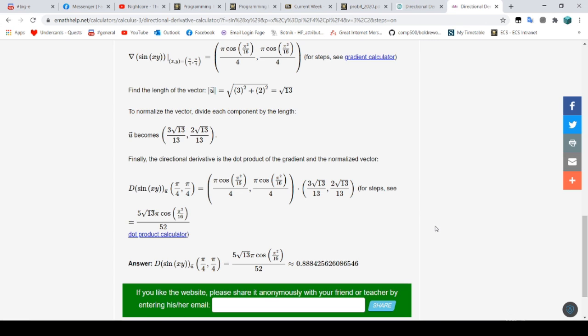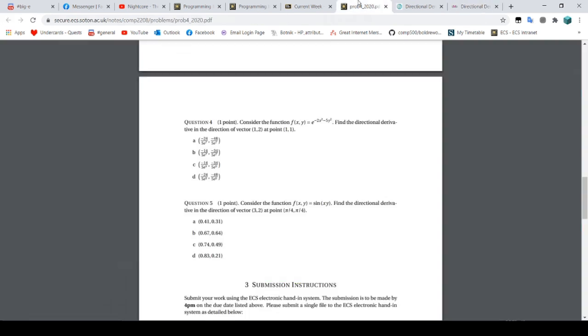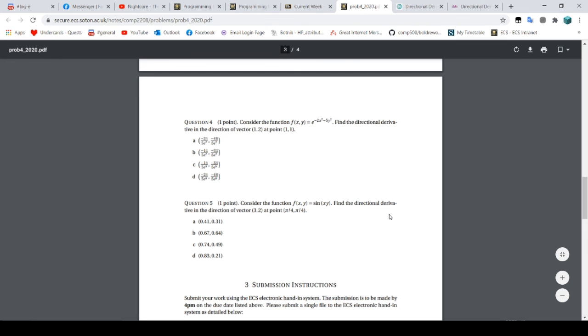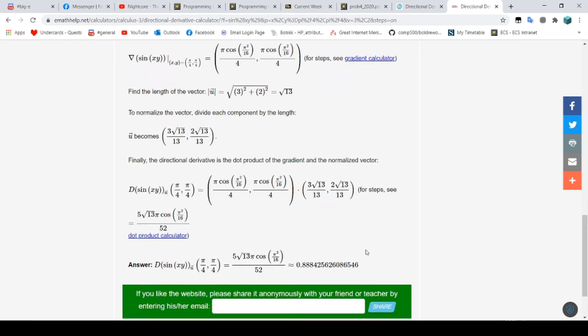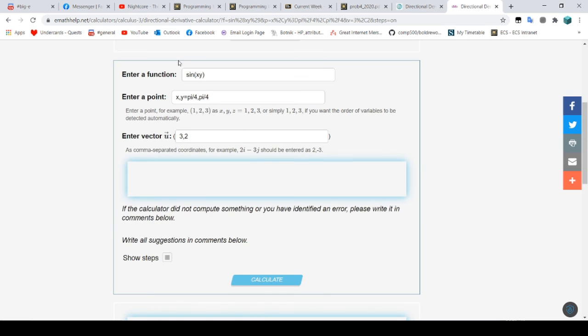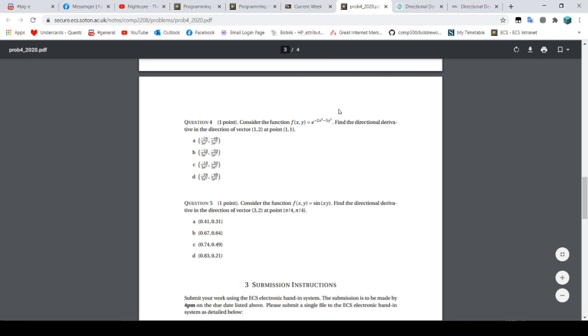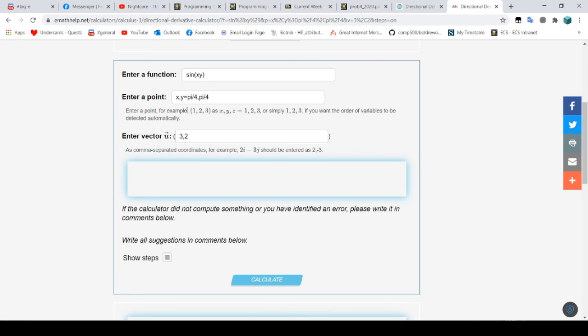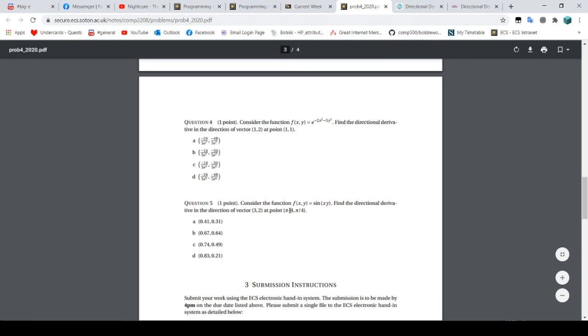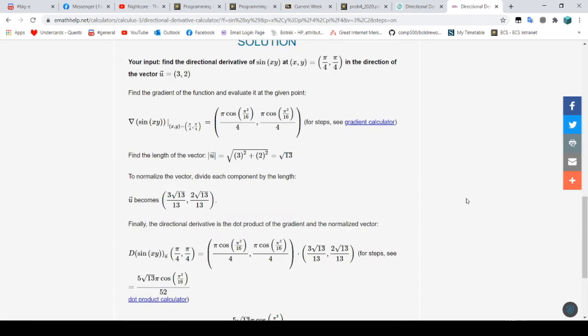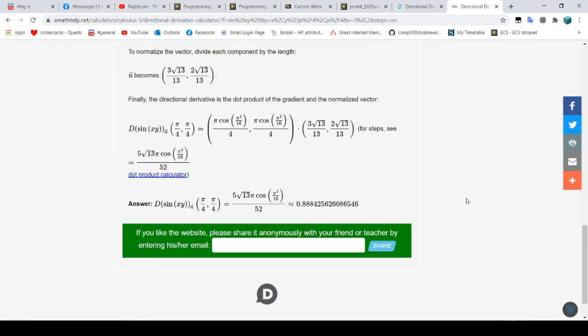That's kind of funny. This is why we're stuck on the question. The options are wrong. Even the online calculator can't do this one. I inputted everything right, didn't I? Sine xy, direction vector 3, 2, pi over 4, pi over 4. And I got the same thing as it.